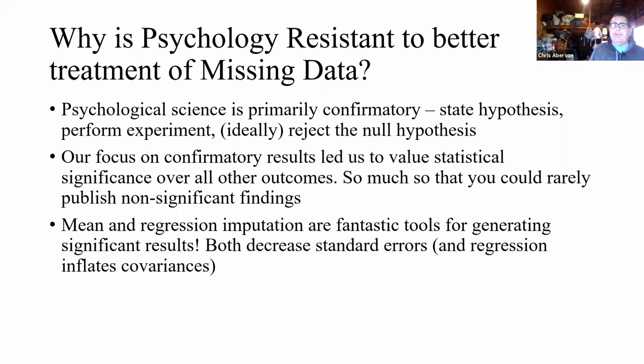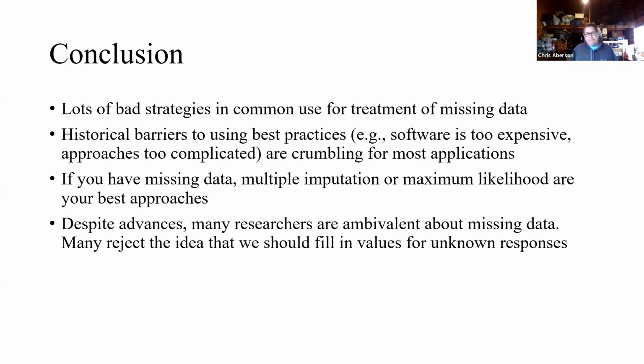It just wasn't a viable option. Mean and regression imputation are both great tools for generating significant results. We saw that they both deflate the standard error. Regression actually inflates the correlations or the covariances or the effect sizes, however you want to think about that. So, there is an advantage to using these. Are you getting accurate results? No. Are you getting the sort of results that will get you published? Probably yes. So that's why these bad techniques persist.